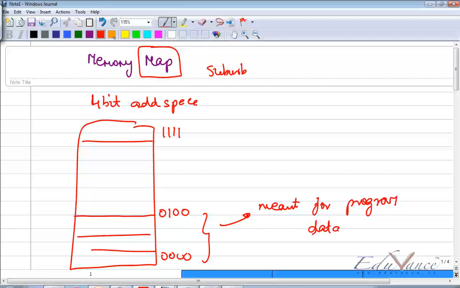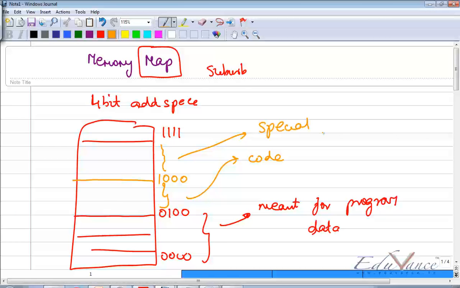Then from 0100 to, let us say, 1000, this region is meant for code. Then from 1000 to 1111 is meant for some special purpose registers, and so on and so forth.